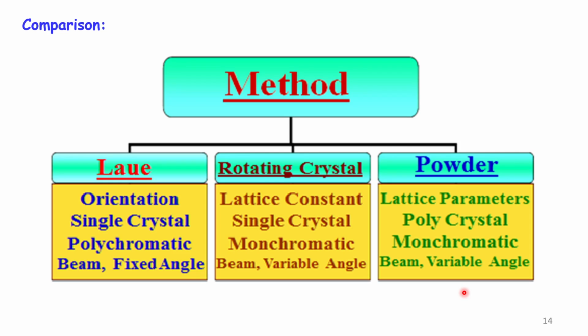But in the rotating crystal method, the sample is rotated, so the glancing angle also changes. In the powder method also, the sample is rotating and/or the detector is rotating, and due to that there is a variation in the glancing angle also.